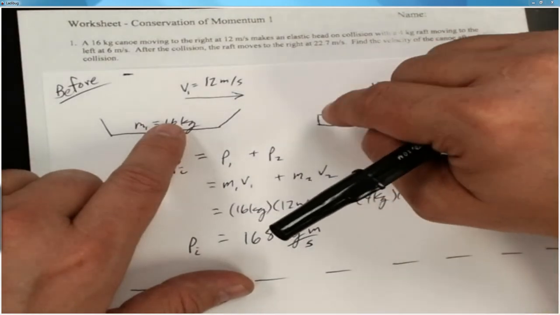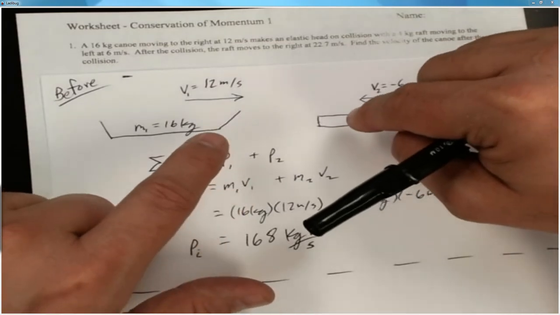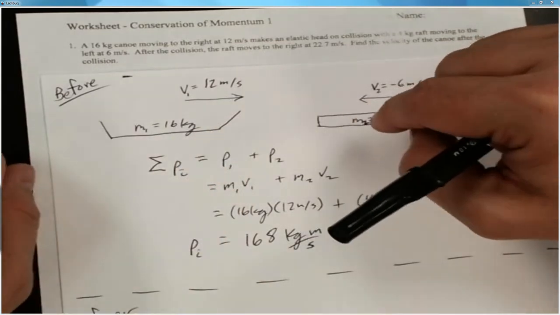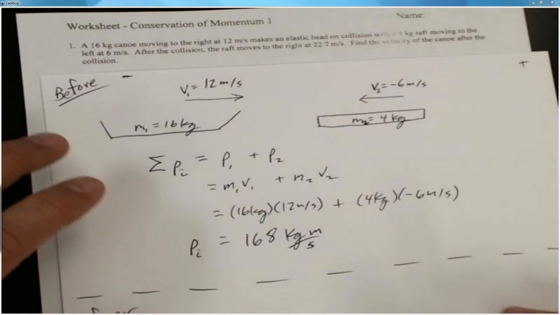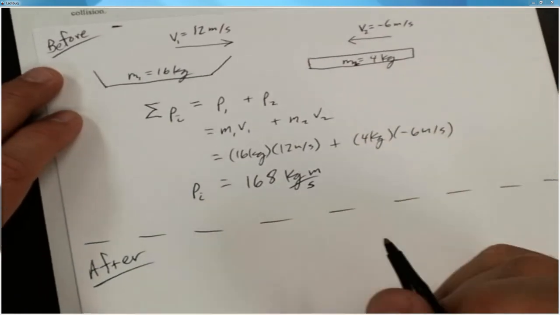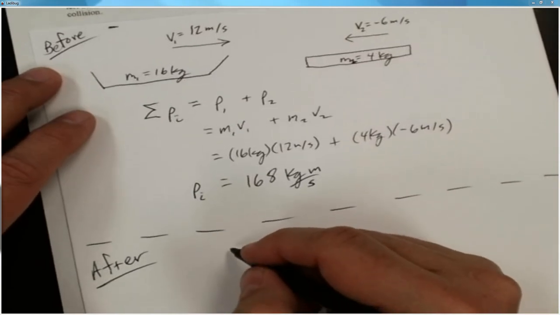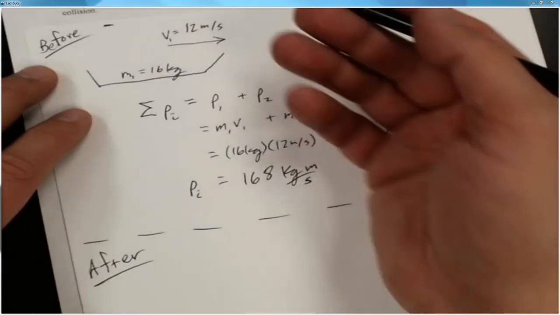Or bounce could mean that the canoe bounces off to the left and the raft stops. So there's 3 options. Let's see what we think is going to happen. It says the raft moves to the right.